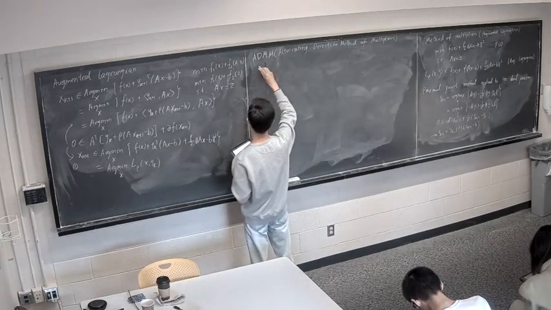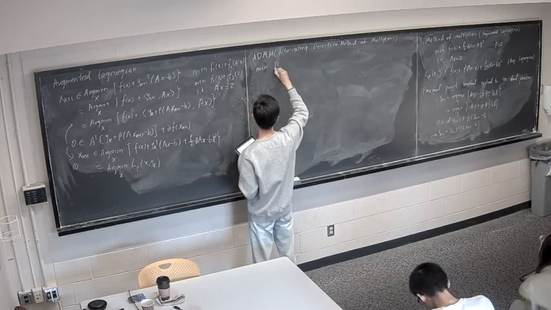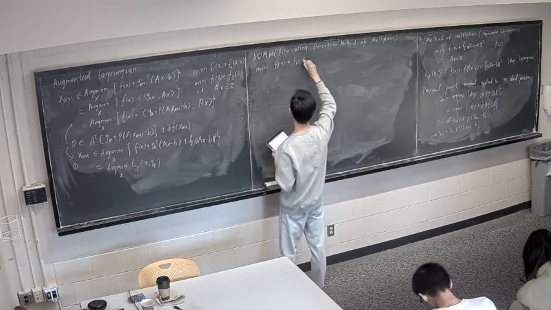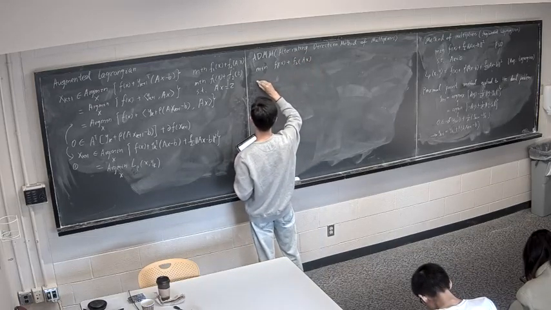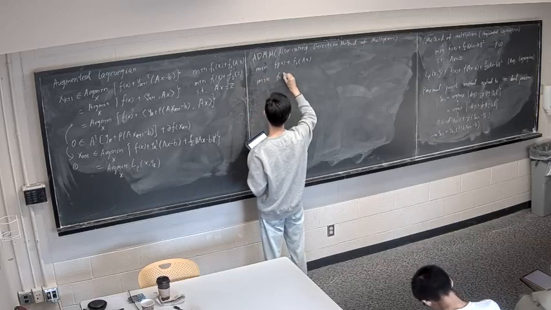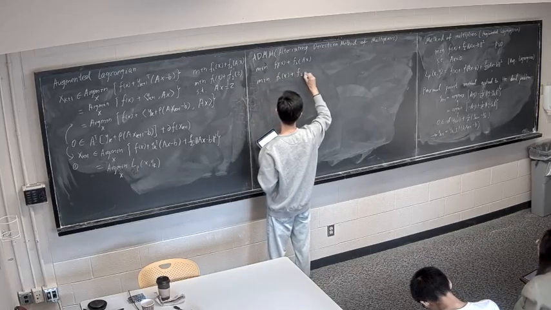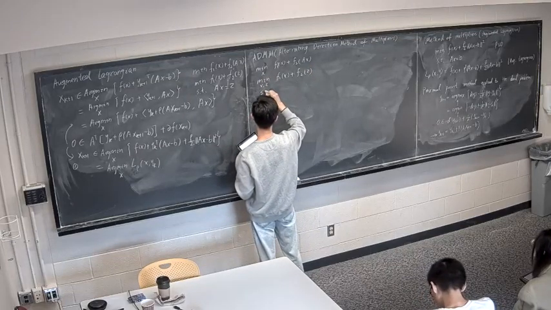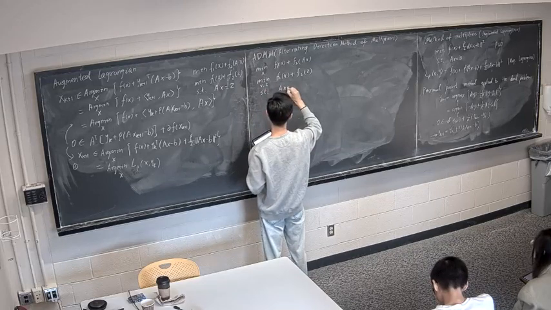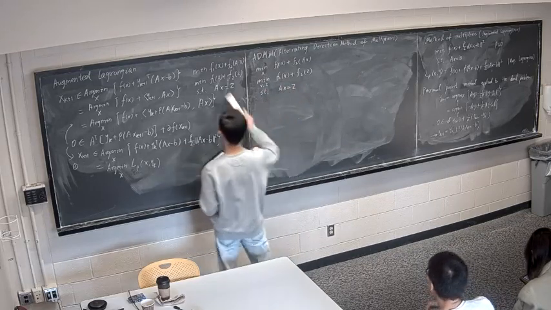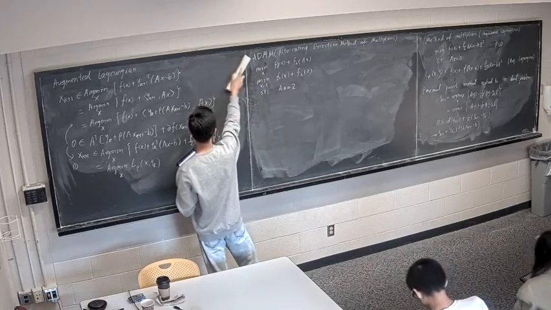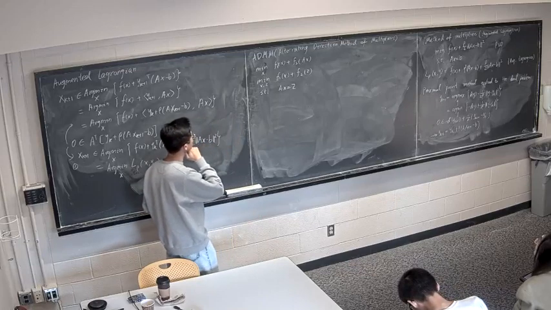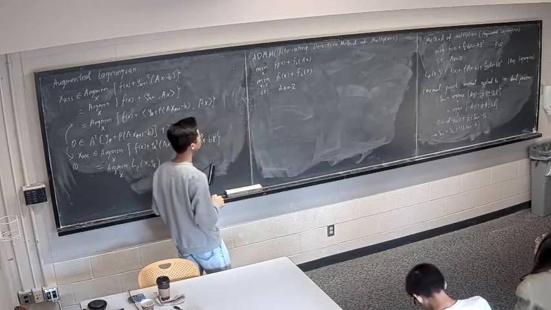So the problem we want to solve is this one. We want to minimize something like f1 of x plus f2 of Kx. ADMM is a quite powerful algorithm, and the full name is alternating direction method of multipliers.